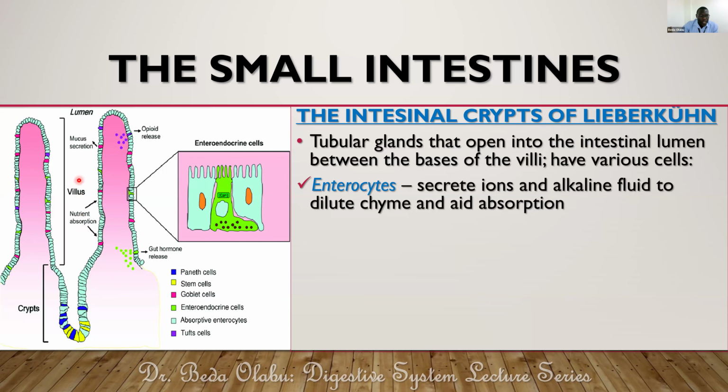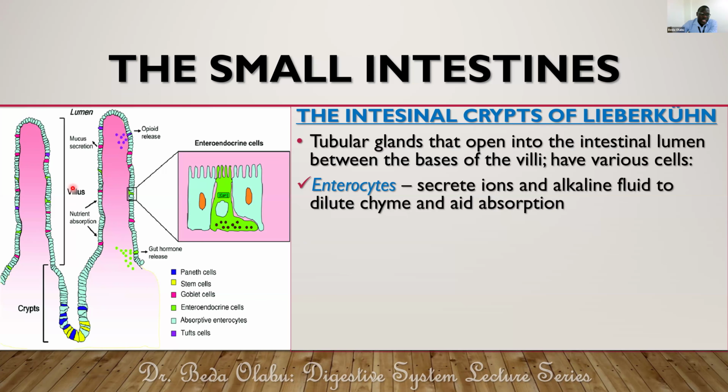So when that fluid reaches here, the enterocytes of the villus epithelium now absorb that fluid together with the nutrients. Now, what do you notice? The role of this one is to take that fluid that way, and the role of this one is to take the fluid that way. So there's a circulation of fluid here. As the fluid circulates like that, nutrients are absorbed. It's a very important mechanism of nutrient absorption.